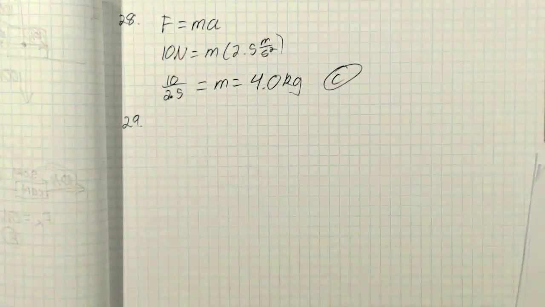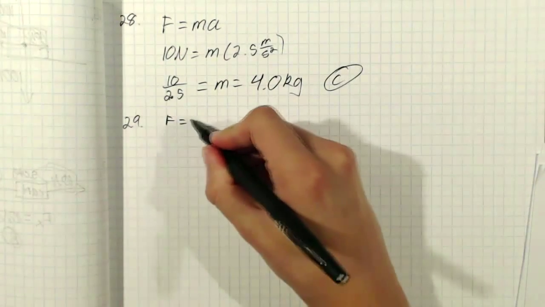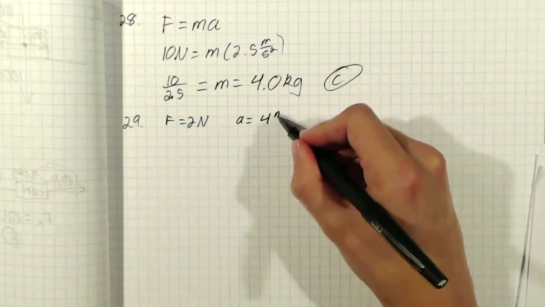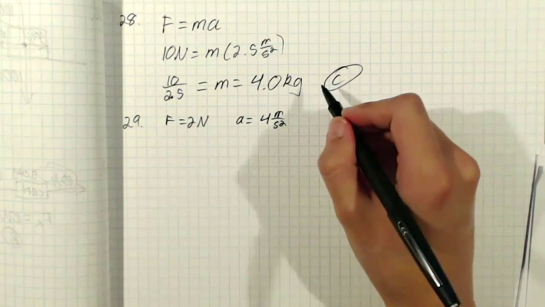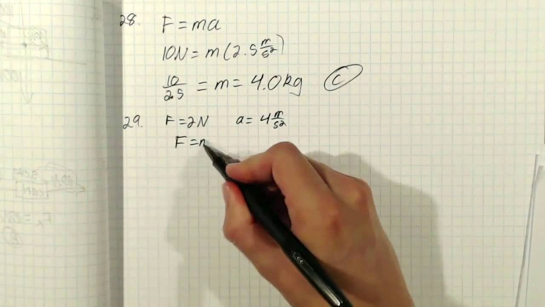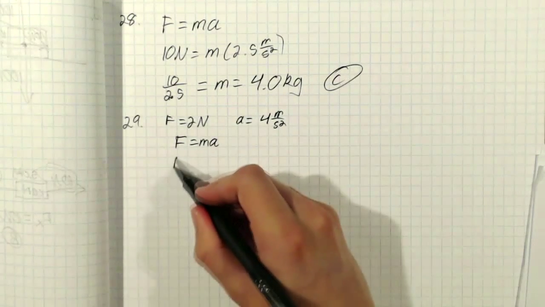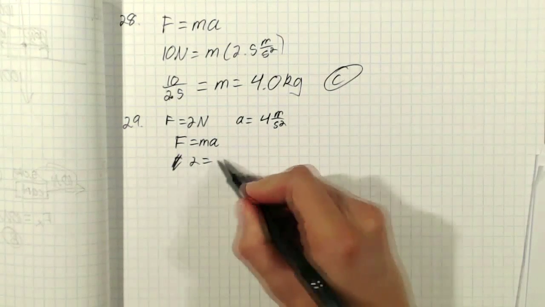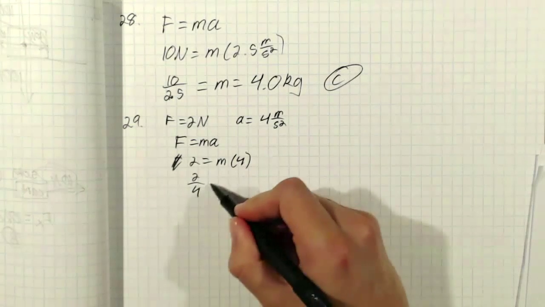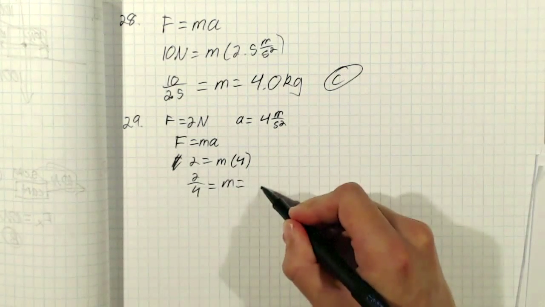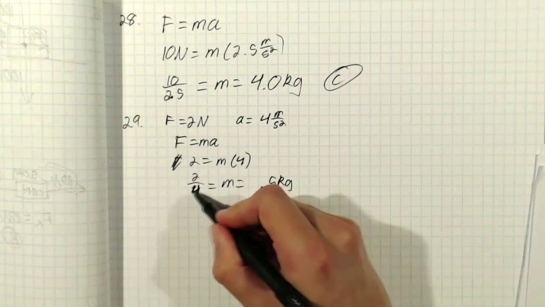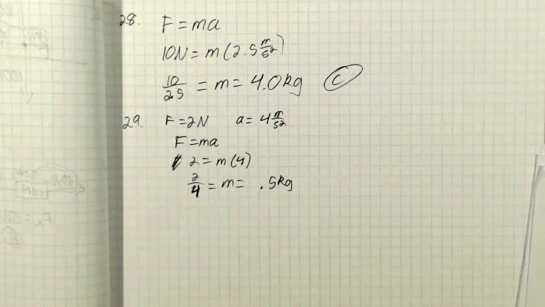So if we have a force of 2 newtons and an acceleration of 4 meters per second squared, then, relating them using F equals ma, Newton's second law, we can figure out that our mass is 2 divided by 4, which is 0.5 kilograms, which is A.